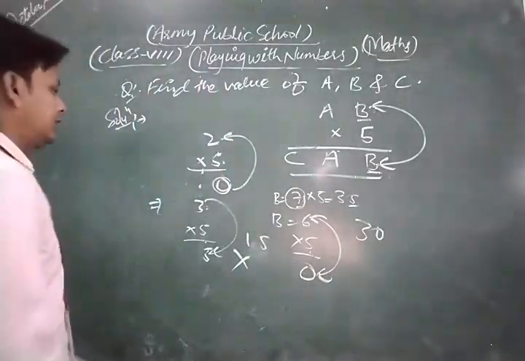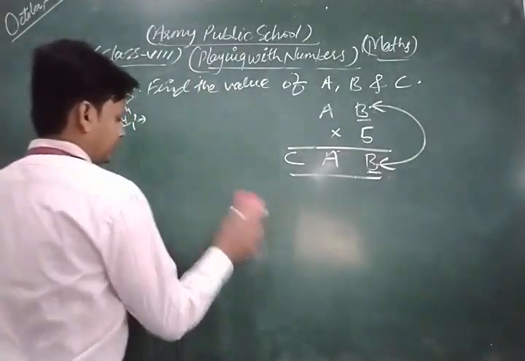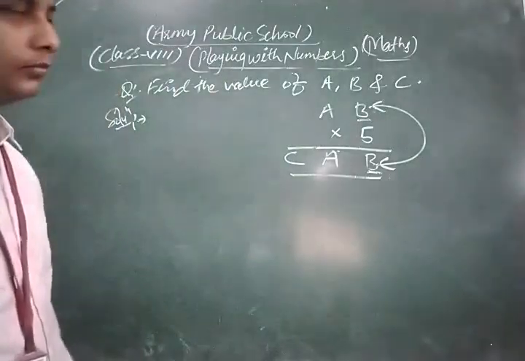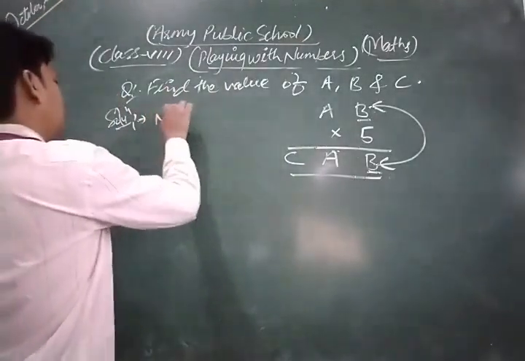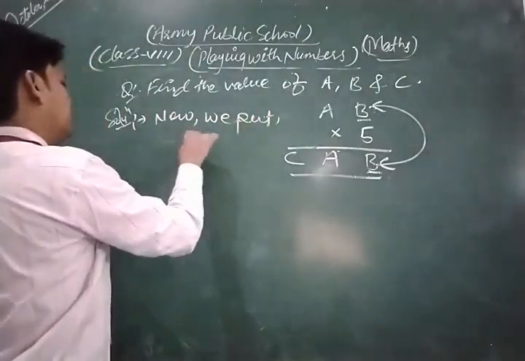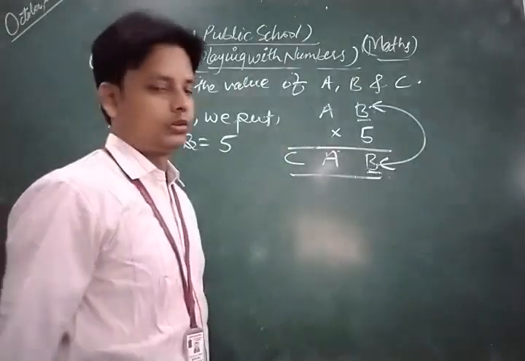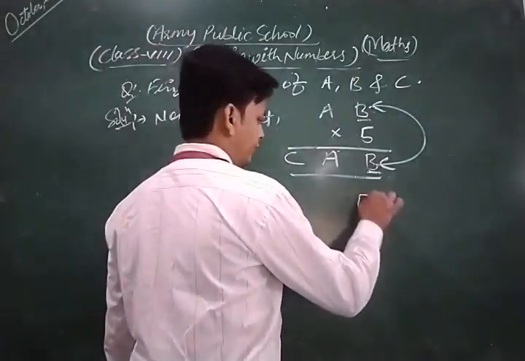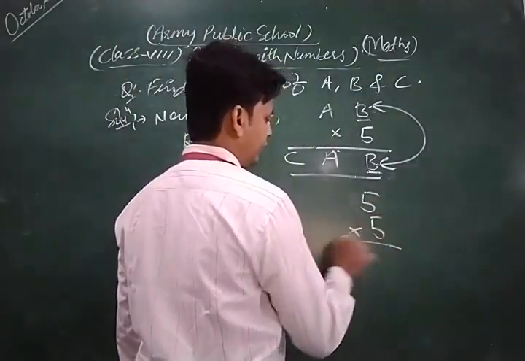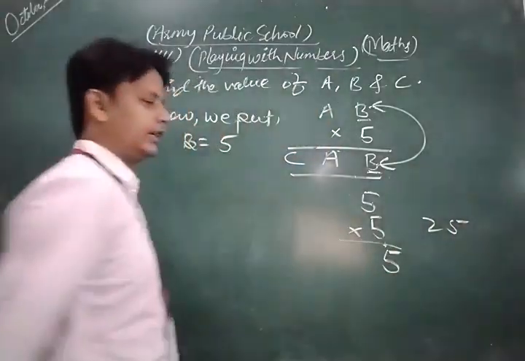Now look, dear friends, we put B is equal to 5. If we put 5 and multiply by 5, then 5 times 5 is 25, and we write 5 here.